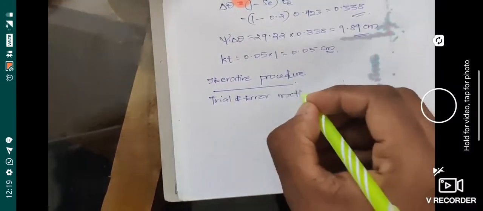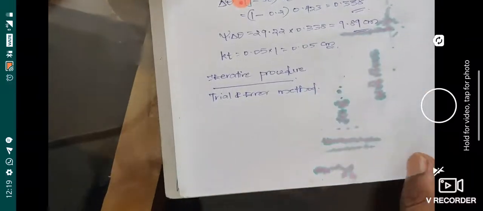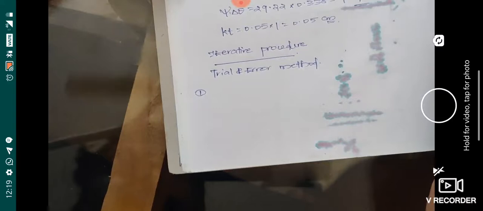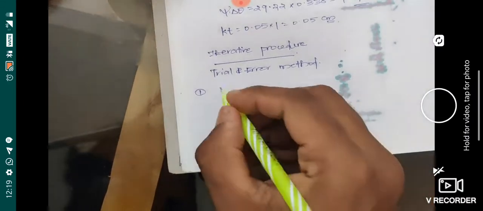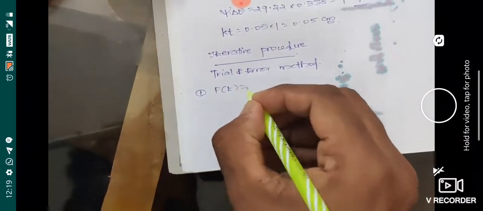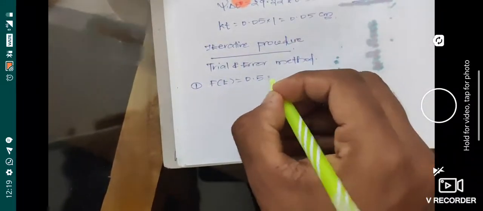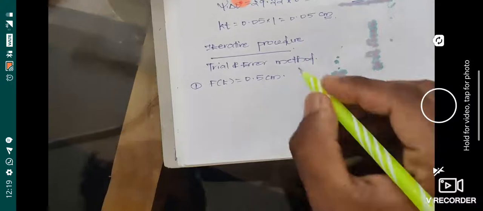I don't want to make you learn one more method; there's no need for learning anything new. So for the first trial, I'll give a value for F of t, because F of t is what I have to find. I'm substituting the value of F of t to be 0.5 centimeter. This is an assumption.